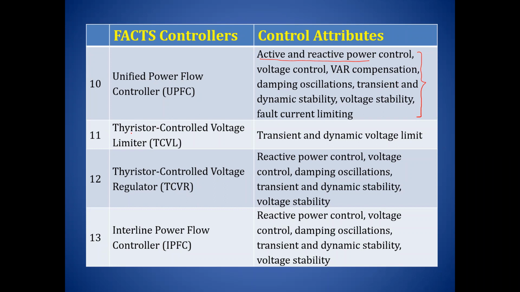Okay. Now the thyristor controlled voltage limiter. In this lecture we have seen this voltage limiter. This is for transient and dynamic stability. In the transient condition, there is a sudden change in the system and the voltage of the system is going to oscillate.